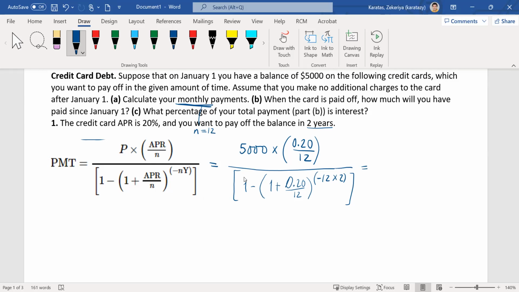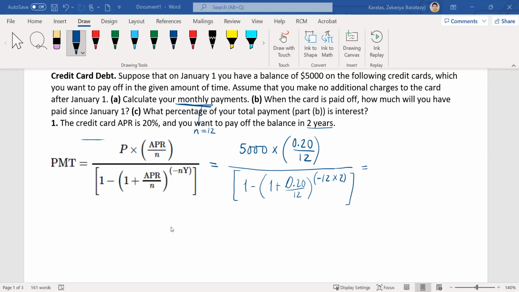Now I'm going to show you this on a TI-83/84, how you really plug in those numbers. So let me open my calculator. Here we go. We're going to type this in exactly as it is. We have 5,000 times, I use parentheses, 0.20 divided by 12, close the parentheses. Now I have division, and then the bracket, so I use parentheses again.